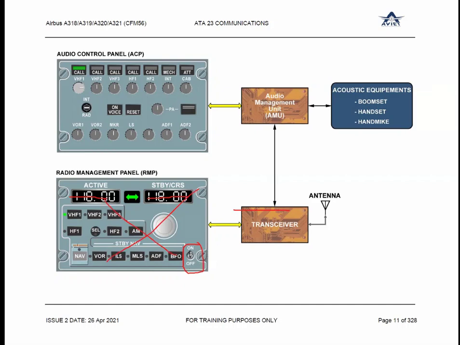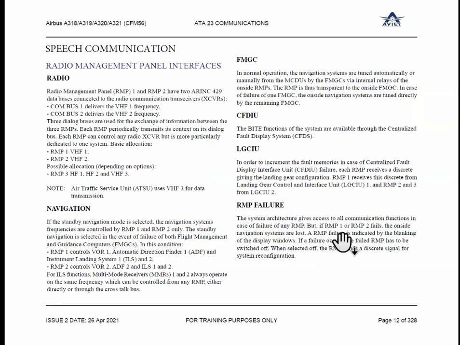RMP has failed. So if an RMP has failed, then the on-side navigation system will be lost. That means on-side navigation you cannot tune. On-side means RMP1 is the number one navigation system, number one receivers; RMP2, number two receivers, you cannot tune. That is a problem.